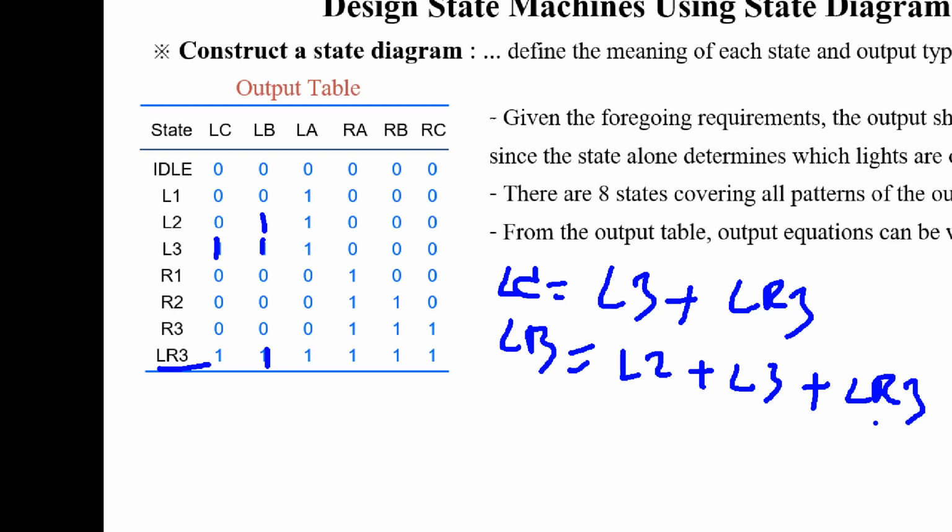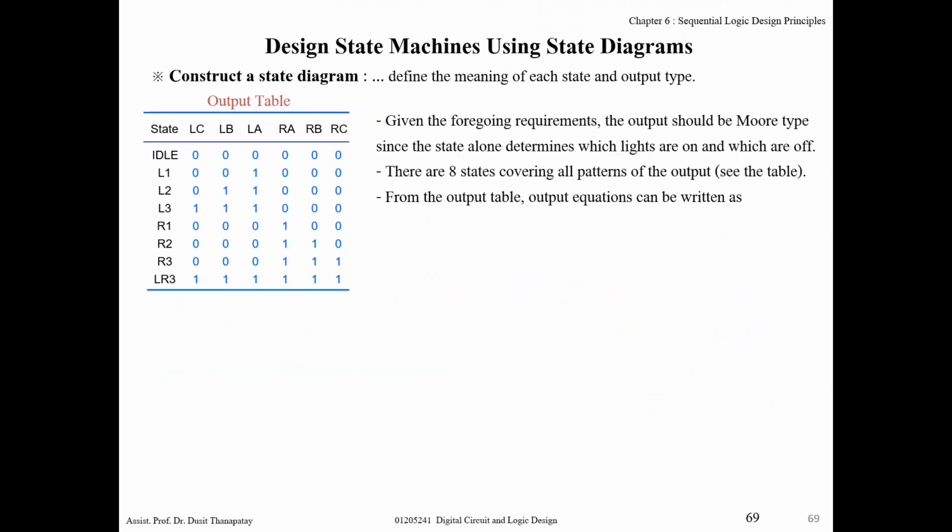And after you do state assignment, you just replace the name of each state by its state assignment. So for this step, just take a note for each output that will be active when the state machine is on which state.